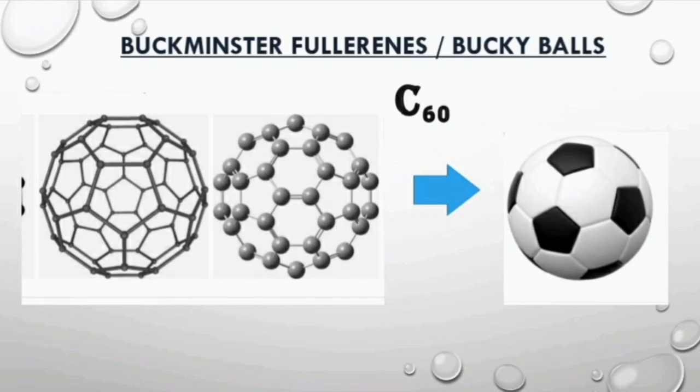Buckminster fullerene is named after the architect Buckminster Fuller. And this Buckminster fullerene looks like a football. Carbon atoms are arranged in a football shape. It contains 60 carbon atoms, so it is known as C60.